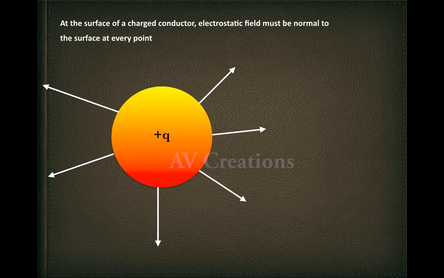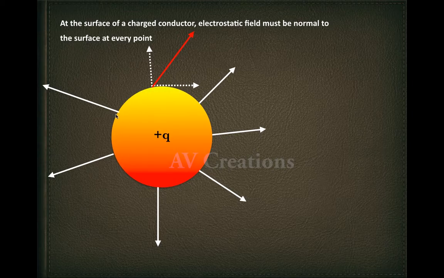Now we assume there is an electric field line which is not perpendicular to the surface. So there will be two components. Electric field is a vector, so these are the rectangular components of this vector, and this component will make the charge move.